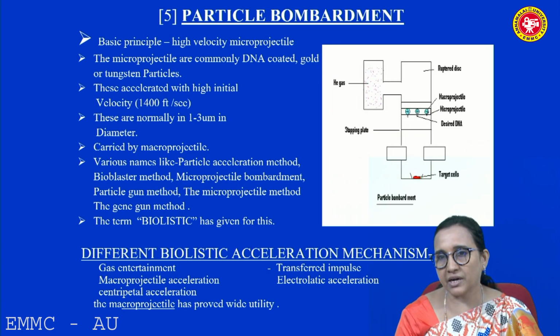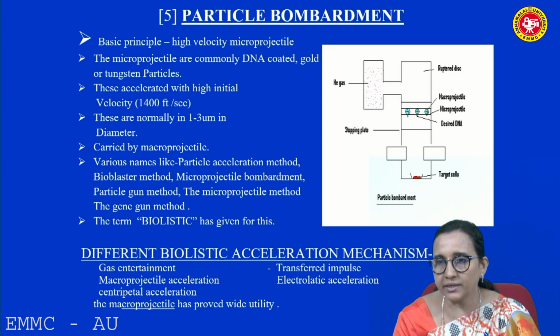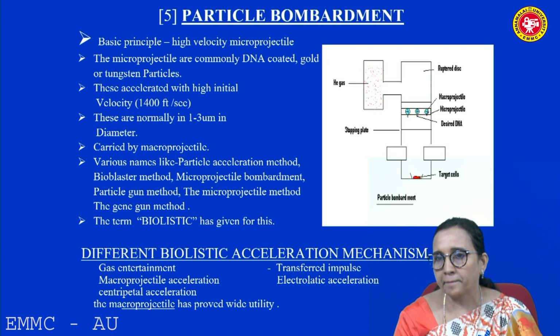You can see the structure here, the equipment which has a trigger at one end, and it is filled with the DNA coated gold and tungsten particles, and from one side you have to fill the gas inside it, so that when you pull the trigger, the gas will put a lot of pressure on the particles or the bullets, and because of the pressure built inside the tunnel, it will move forward, and with a lot of thrust it can get inserted into the target cells.